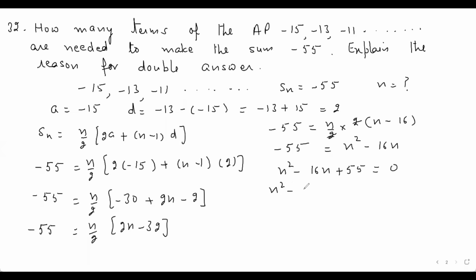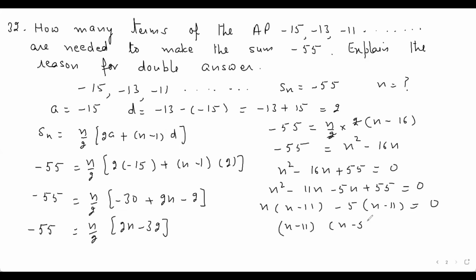So n square minus 11n minus 5n plus 55 is equal to 0. You all know how to split the middle term. n (n minus 11) minus 5 (n minus 11) equal to 0. (n minus 11)(n minus 5) is equal to 0. It means either n minus 11 equal to 0 or n minus 5 equal to 0. So either n is equal to 11 or n is equal to 5.